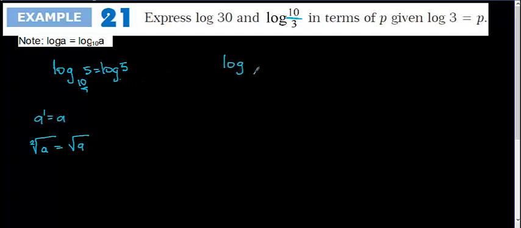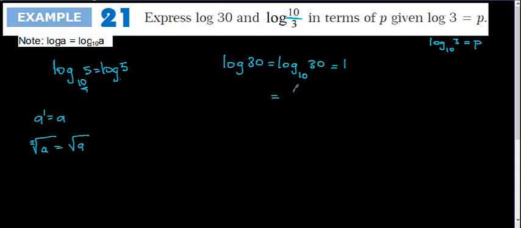So when it says log 30, we know the base is exactly 10, so it's equal to logarithm base 10 of 30. I'm going to try to write this in terms of 3, because log base 10 of 3 is equal to p.